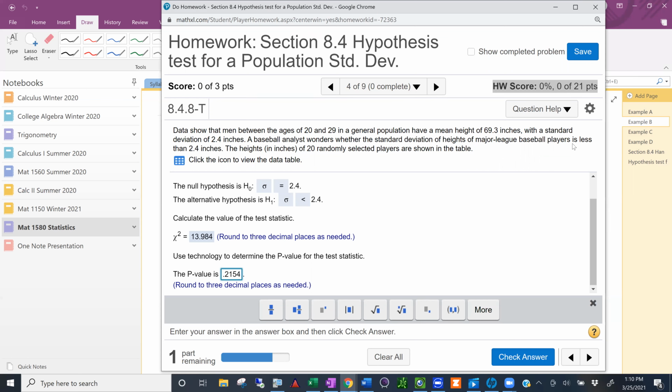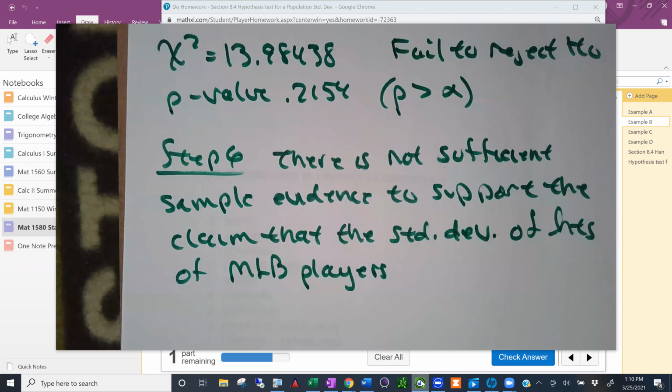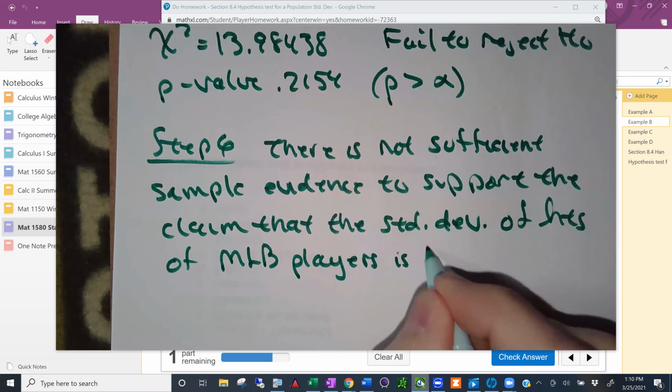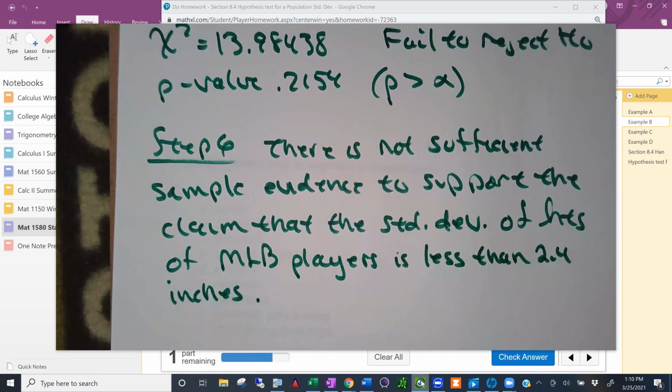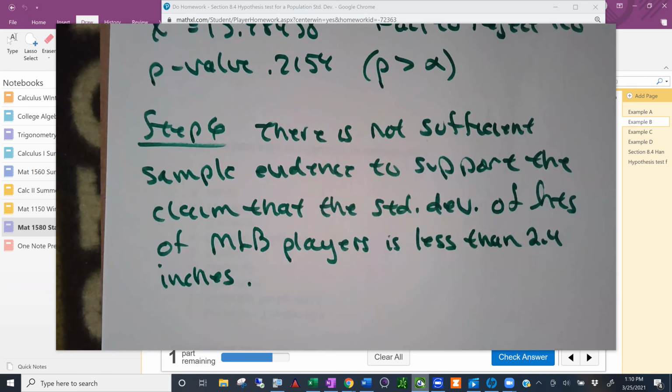The standard deviation of heights of MLB players, to make it a little more palatable, is less than 2.4 inches.